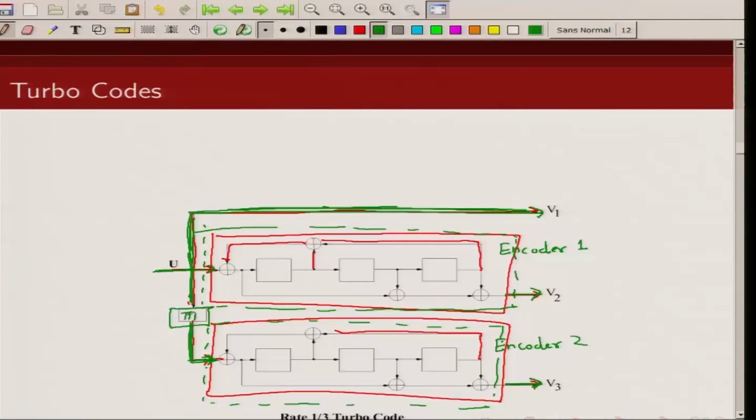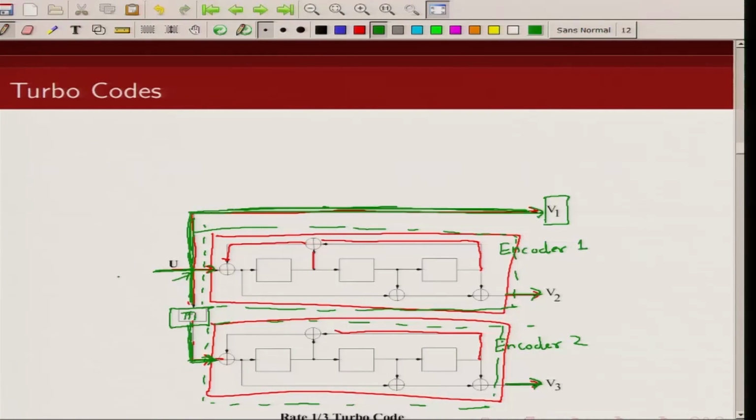Please note that we are not sending the information bit corresponding to the second encoder. Why? Because the information bits corresponding to the second encoder are nothing but the interleaved version of the information sequence that is being fed to encoder 1. We are not sending the information bits of the second encoder across to the channel, because from this information bit, if we just interleave, we can get back the information bits for the second encoder.